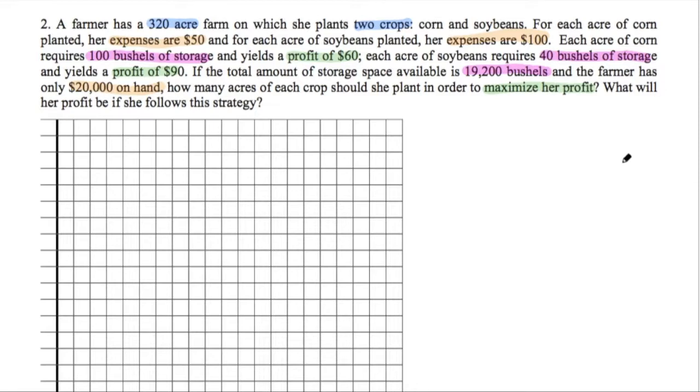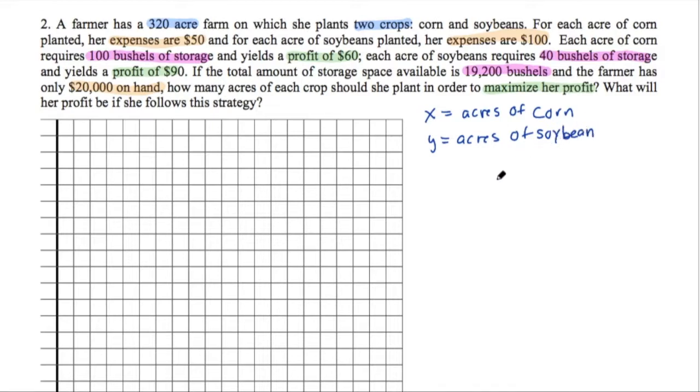Before we even get there, let's talk about our variables. We're talking about how many acres of each she should plant. So let's say X is the acres of corn and Y is the acres of soybean. Great.